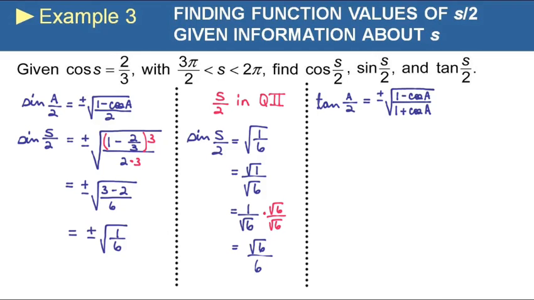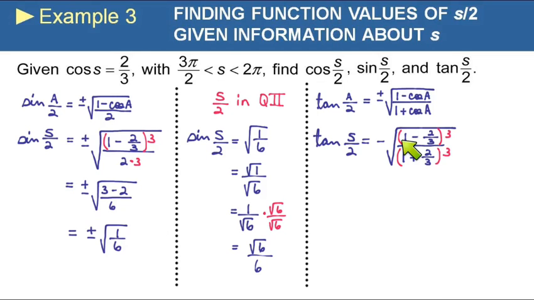So we pull out just any old tangent formula. I'm going to go ahead and use the radical one in this case, since I don't have the sine of s available, and we could find it, but we're given the cosine, so let's go ahead and use the formula that only requires us to know cosines. So I will plug in the 2/3 in place of cosine of s, and again we'll eliminate the complex fraction by multiplying everything by 3.